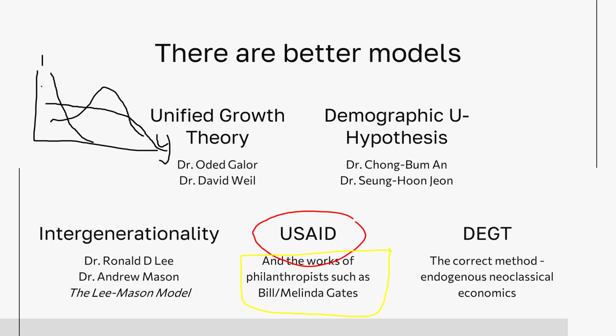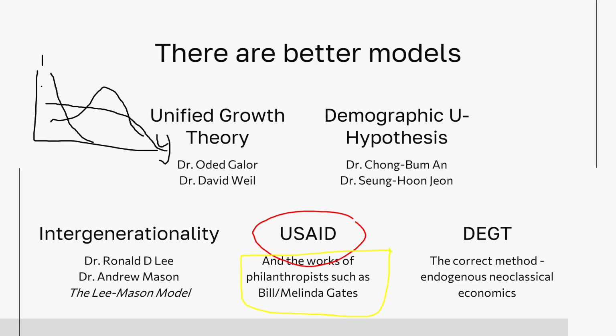The truth is, any sort of development effort to accelerate gender equality and women's emancipation has a profoundly powerful expansionary effect on the economy. So check out the work of USAID and check out the works of philanthropists such as, as we've mentioned here, Bill and Melinda Gates.